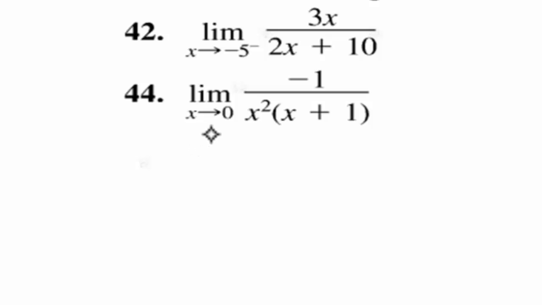Why don't we do number 42? Just because it looks interesting. We are approaching negative 5 from the left side.